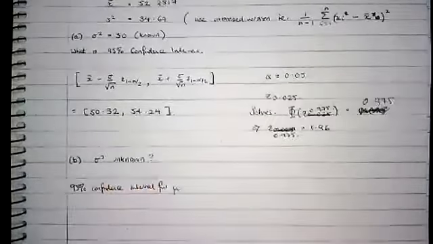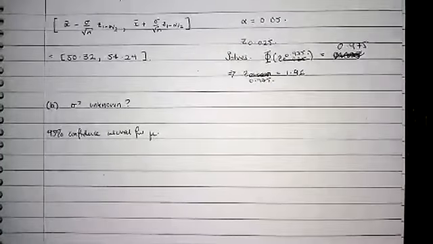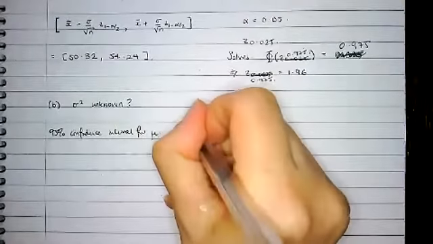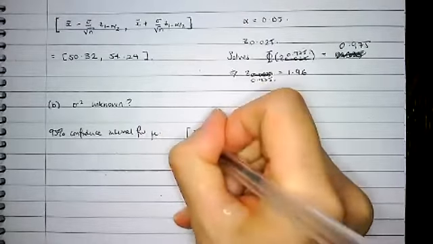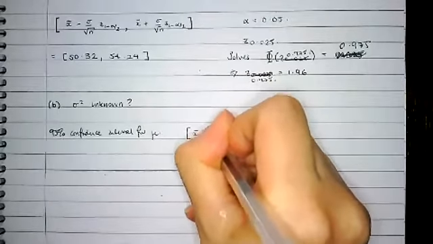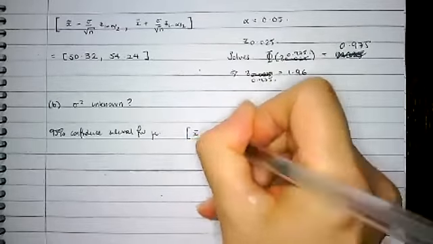is kind of similar, right? So we are going to have x bar and then S divided by square root of n, and t.